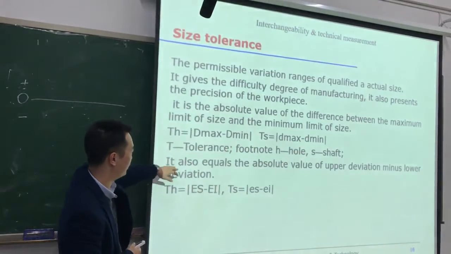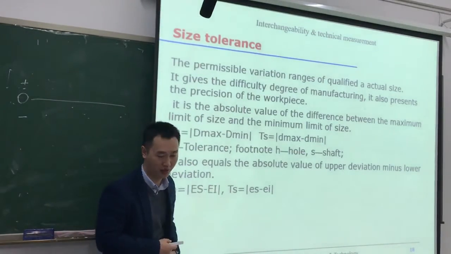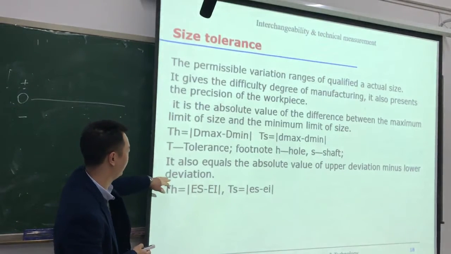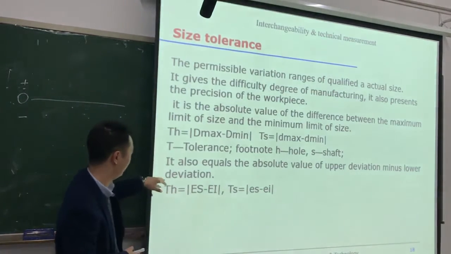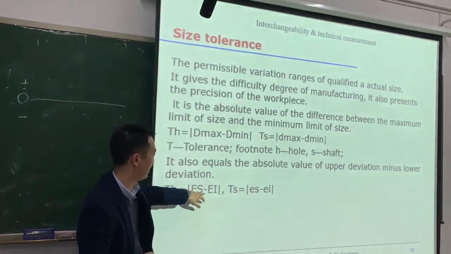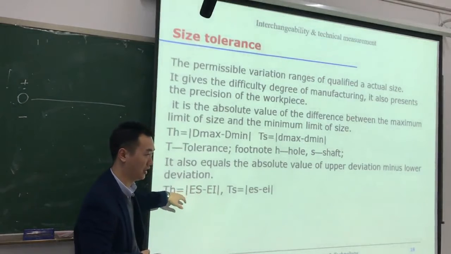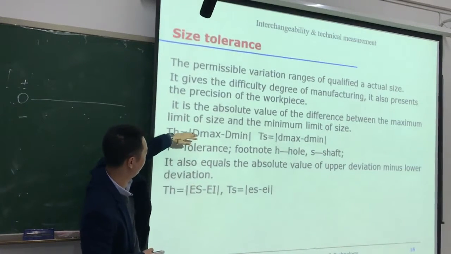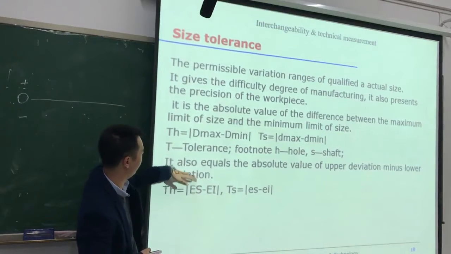In fact, it also equals the absolute value of the upper deviation minus the lower deviation. So TH also equals capital ES minus capital EI. We can get this equation from the previous one.